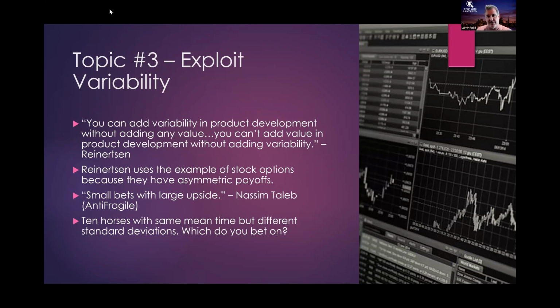All right, so you can add variability without adding any value, but the converse is also true, I believe is the word, the converse. You cannot add value without adding variability. And this is the problem I have with PMOs, project management organizations. And this is the problem I have with most of management, not leadership, in the complex world. Management tries to always, because they've been taught this since day one, reduce variability.